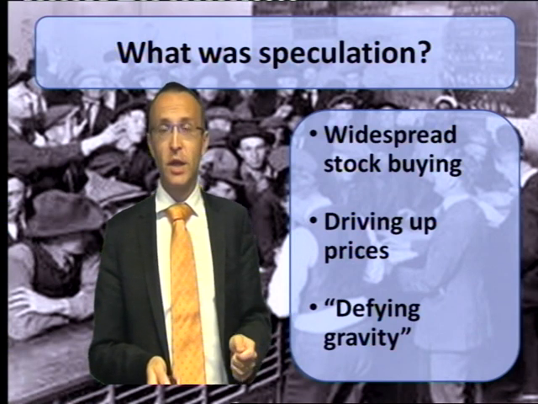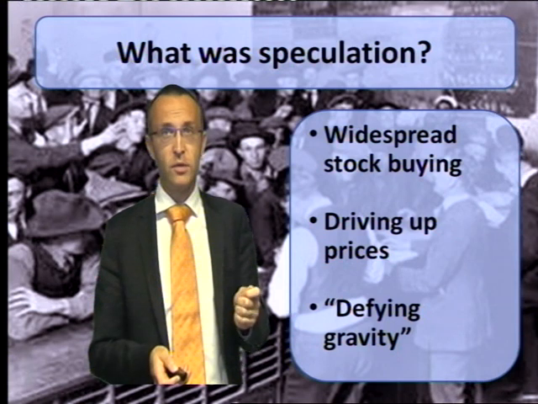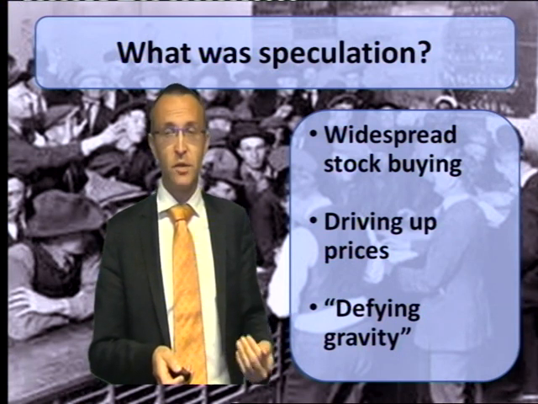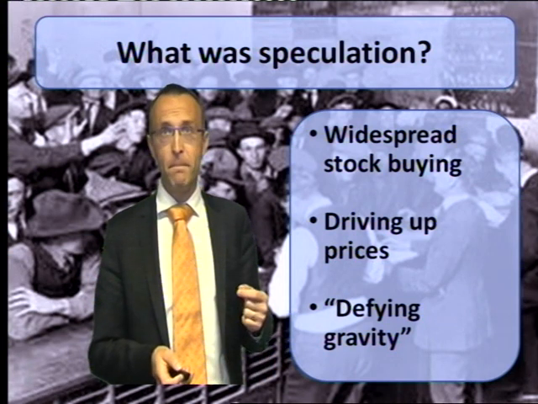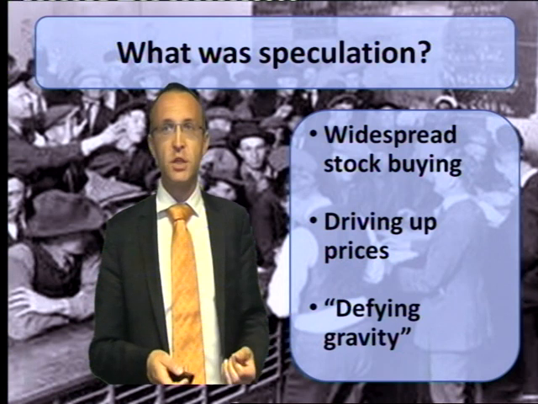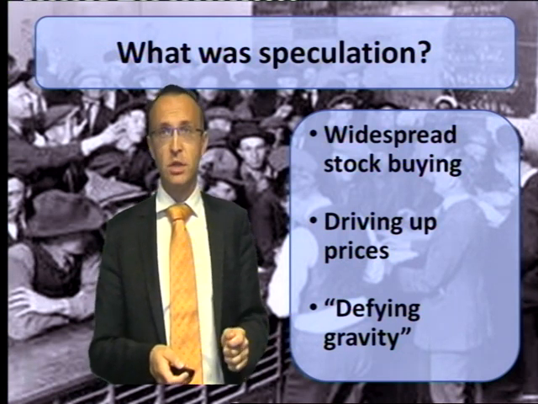Finally, we're going to come to speculation, and this is the cause that is most commonly associated with the Wall Street crash, although it's arguably the least important of the things that we've talked about. By 1929, it was clear that stock buying was a very widespread pursuit. More people were buying stocks than at any point in US history.